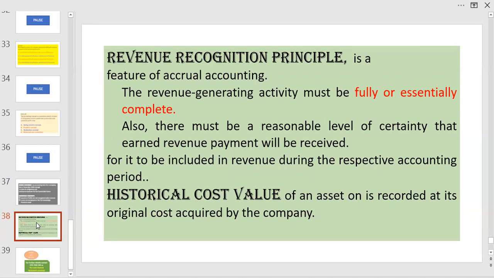Now we'll go back to the other one, historical cost. Historical cost is the actual purchase cost of the asset or the expenditure, whatever it is. That is the history, what you really spent. Now we'll go back to the question.